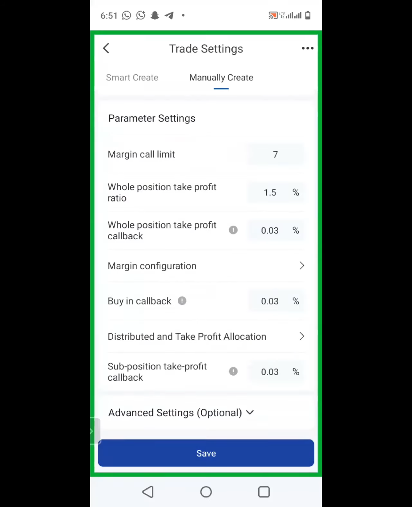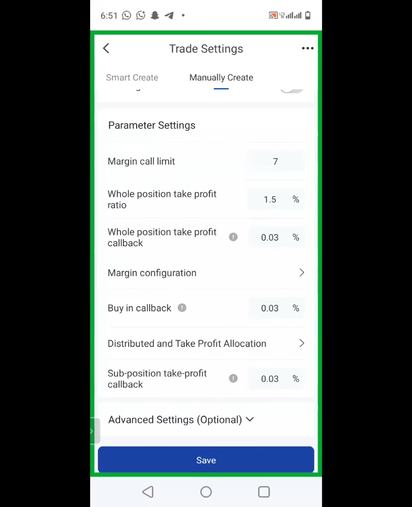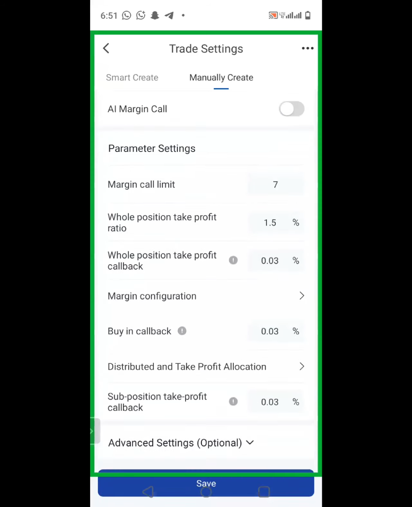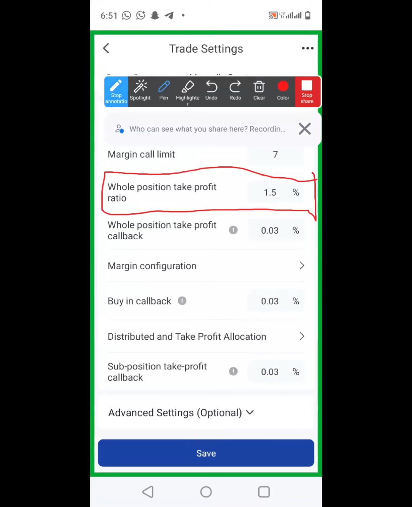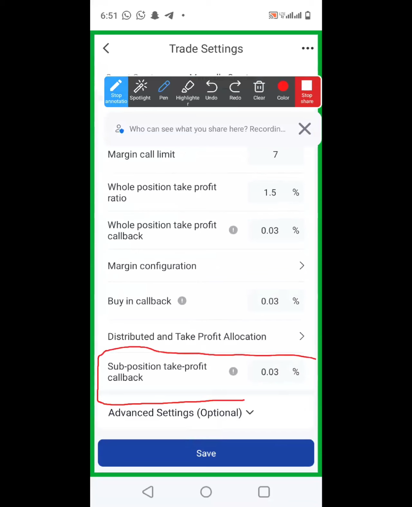So that is the simple truth about it. And also, there's what we call supposition take profit callback.